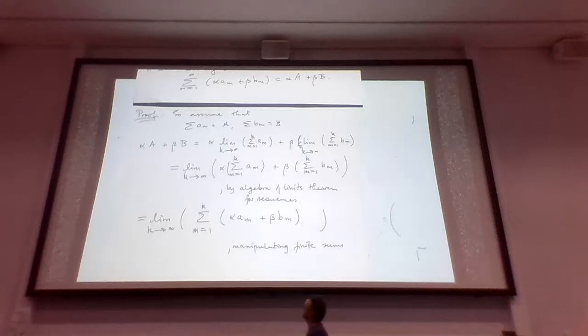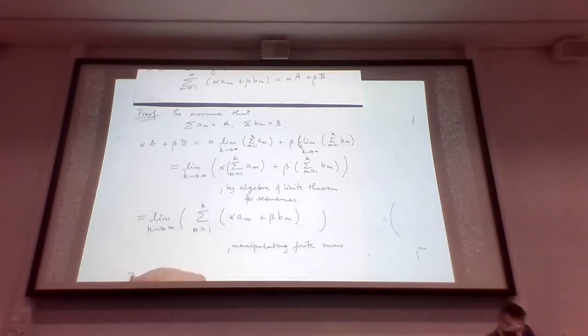Now we're looking at the limit as k goes to infinity of what's inside the large brackets, which is the kth partial sum of a certain series. This is adding all the terms up from m equals 1 up to k of this term in brackets, and you're taking the limit as k goes to infinity. So by definition, this is exactly the sum from m equals 1 to infinity of alpha a_m plus beta b_m.